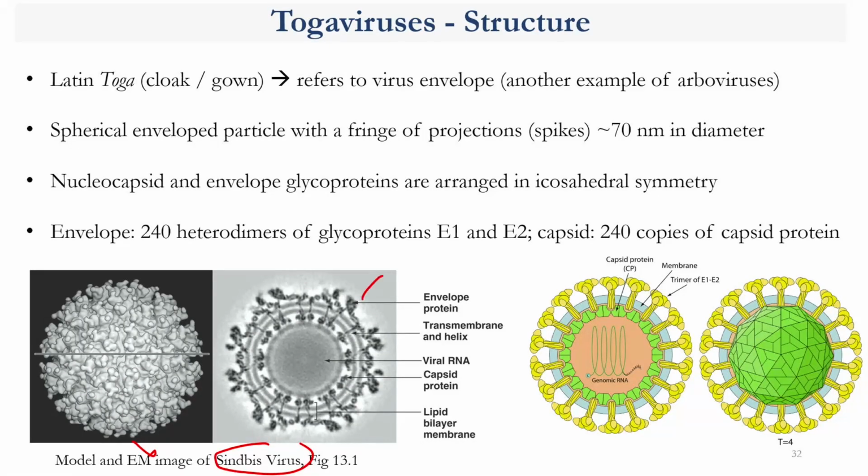Look at the envelope proteins. You have your various transmembrane structures, and your viral RNA is inside the capsid, okay? And again, this has the capsid protein, you have your membrane protein, you have a trimer in this case of your E1, E2, and you develop this kind of structure for the whole virion.